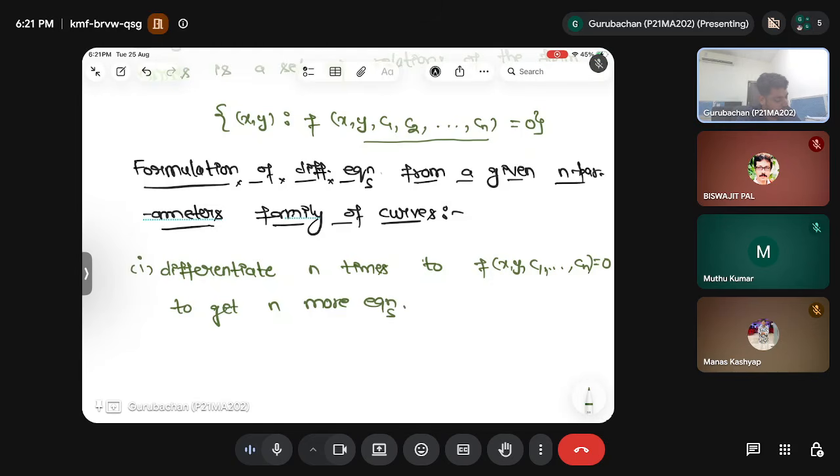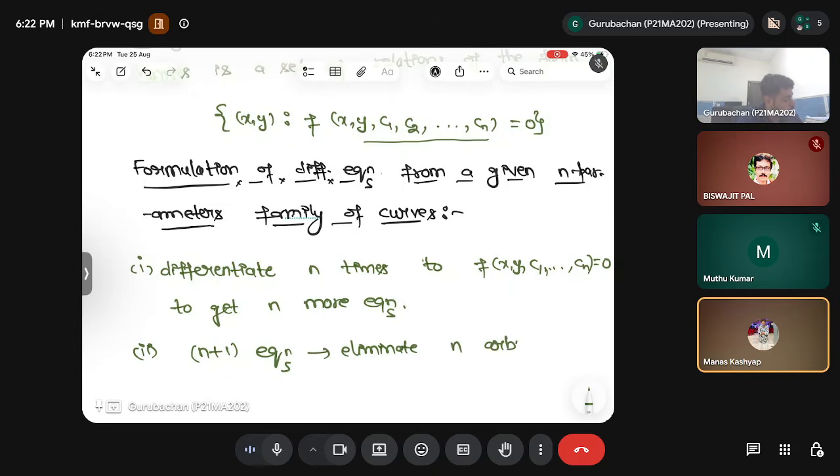Already you have one equation, now you have n plus 1 equations. So what is the remaining task? Eliminate the n arbitrary constants.